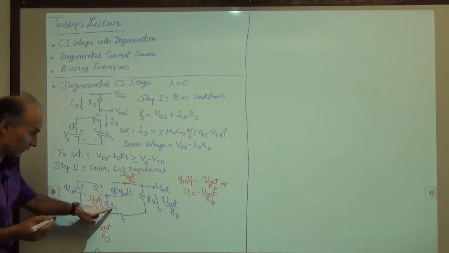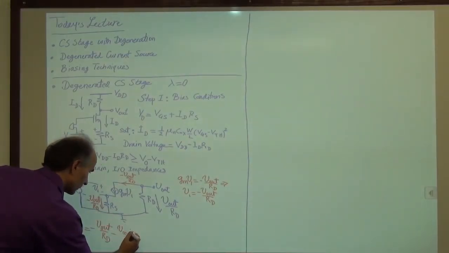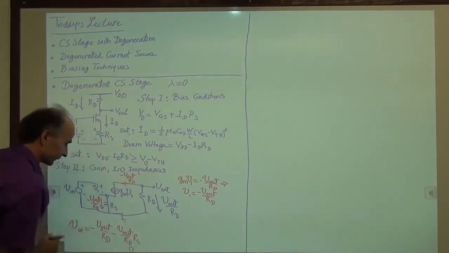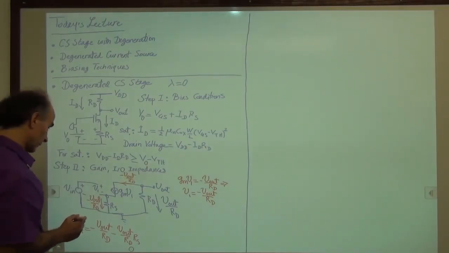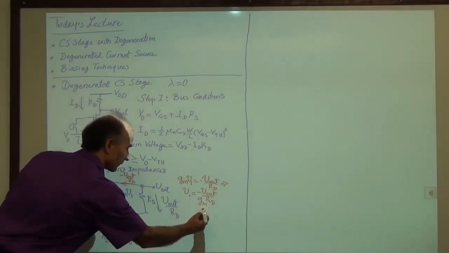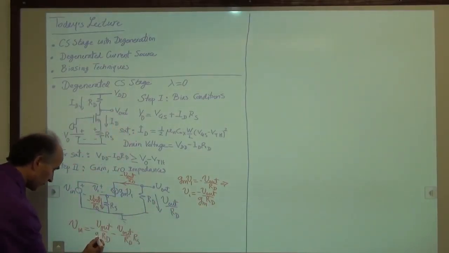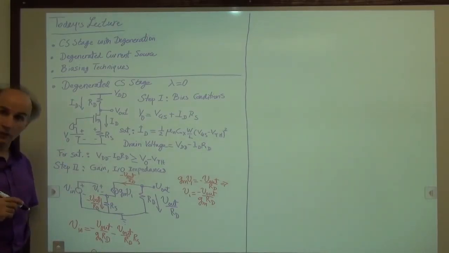So the current through RS multiplied by RS, so minus V out over RD times RS. Okay, am I missing something here? Yes, so V1 is minus V out over gm RD. So this should be gm RD. Okay, so we're almost there.